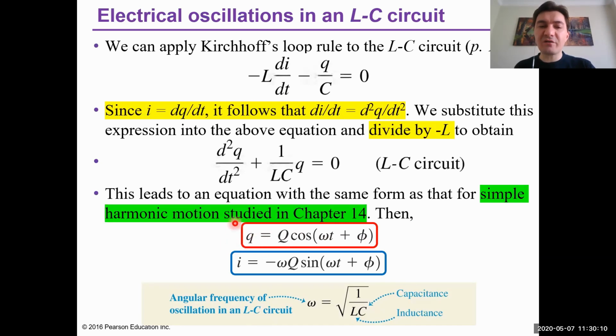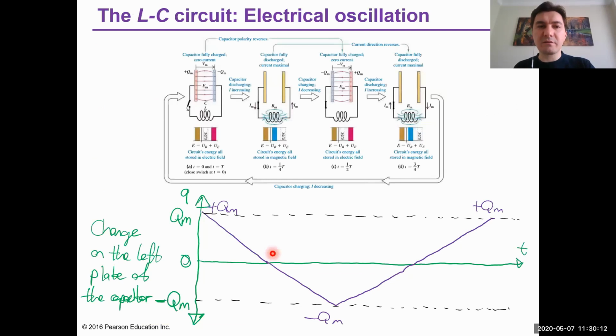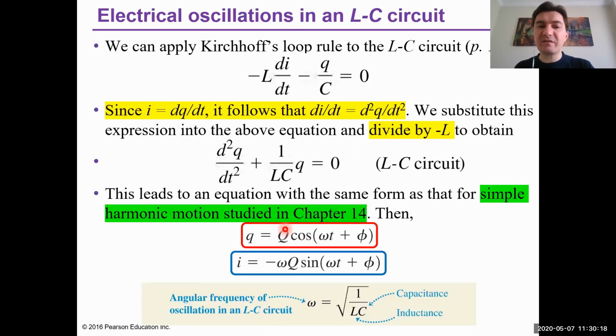The charge on the capacitor changes by time and it oscillates with that function. And if you take the time derivative of that charge, you can get the current. So current is given by minus omega times Q times sine of omega t plus phi. What do you see here? The current changes by time with that function.